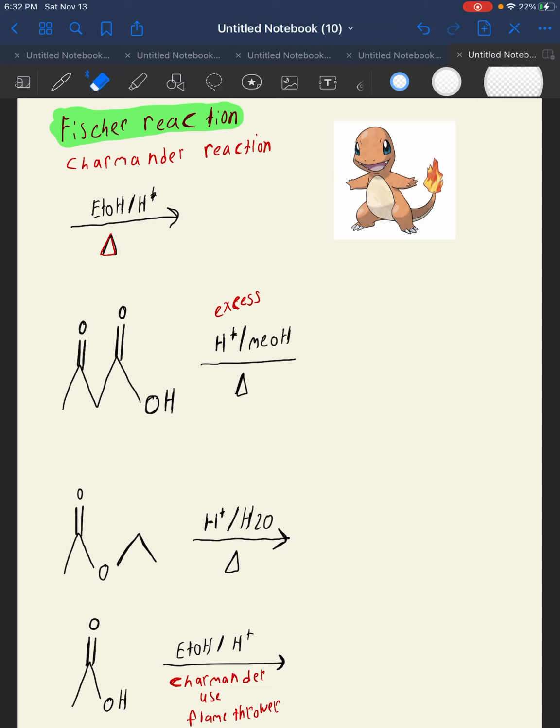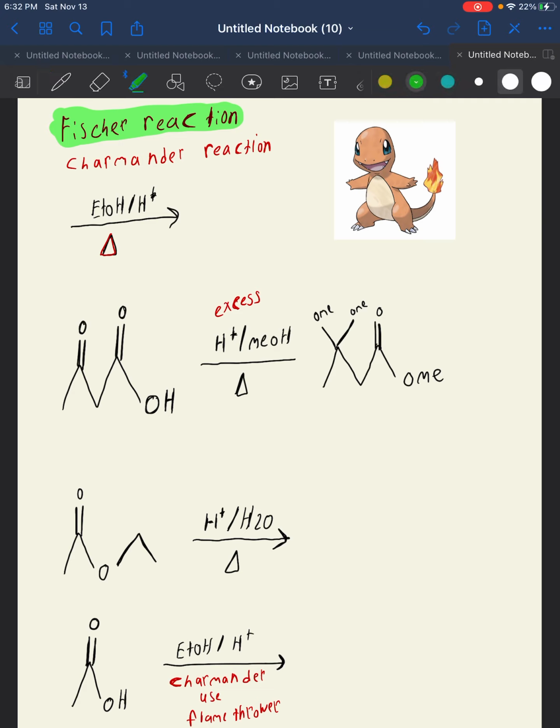As you can see, we're reacting this with H plus and MeOH, so you would actually be given something that looks like this, and that would be your final product.